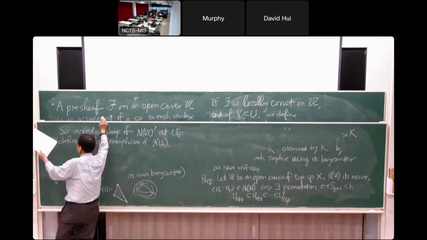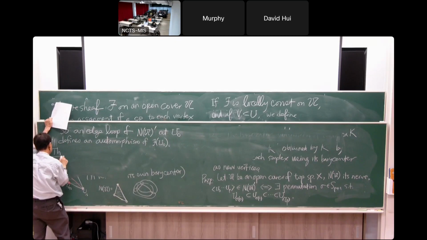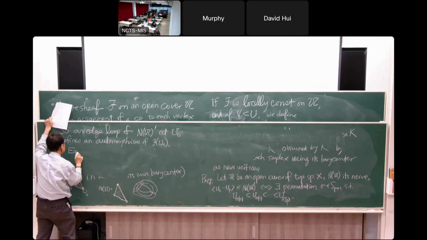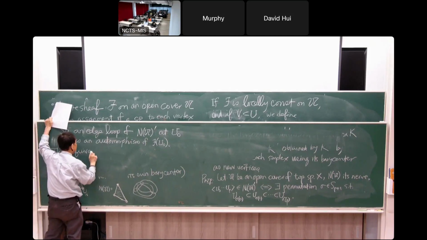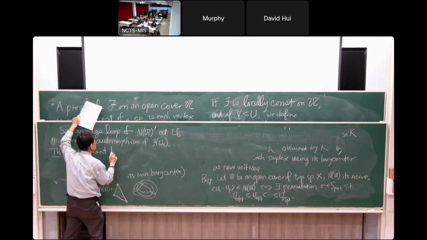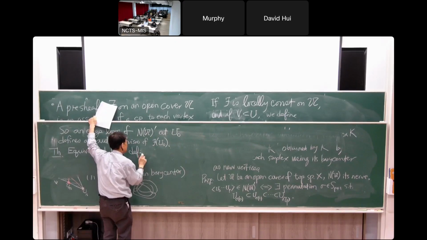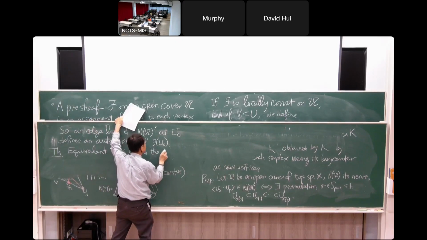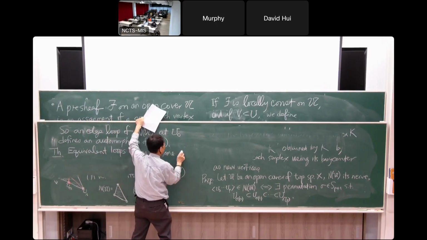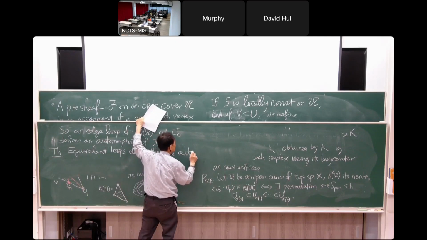So the theorem is that equivalent loops define the same automorphism.